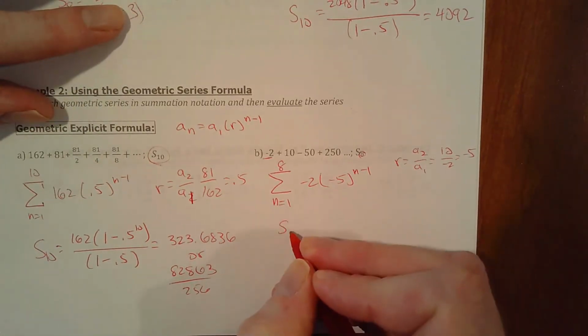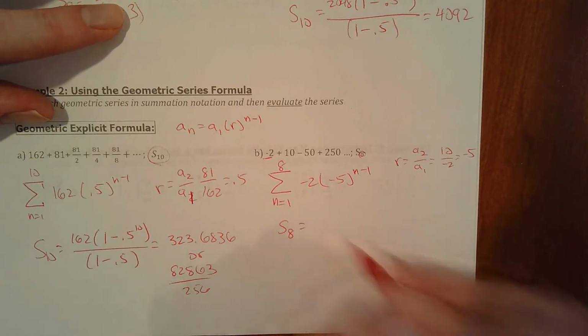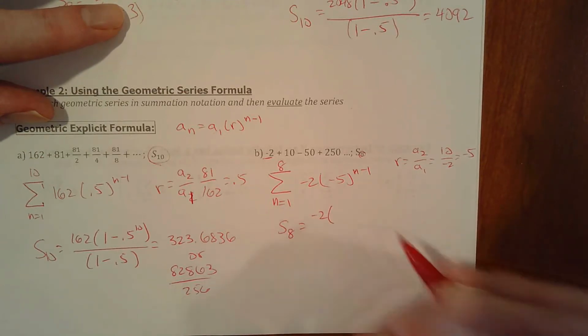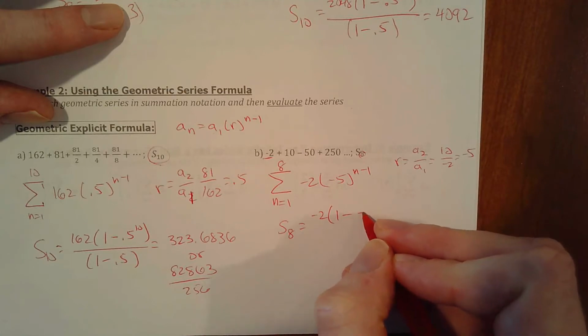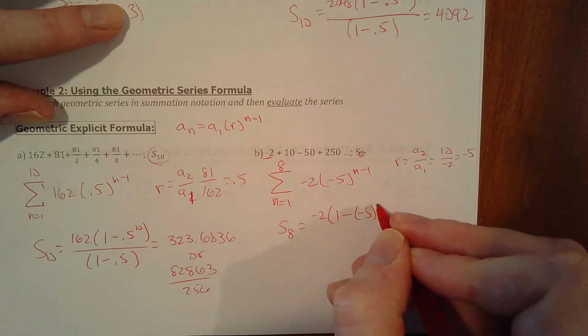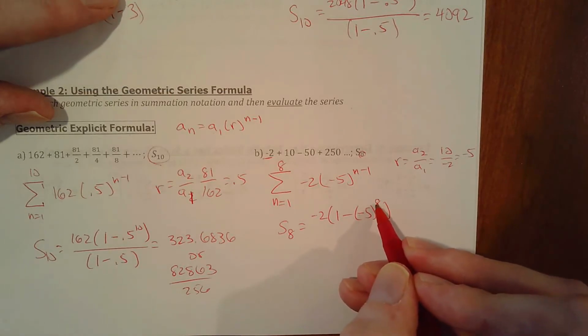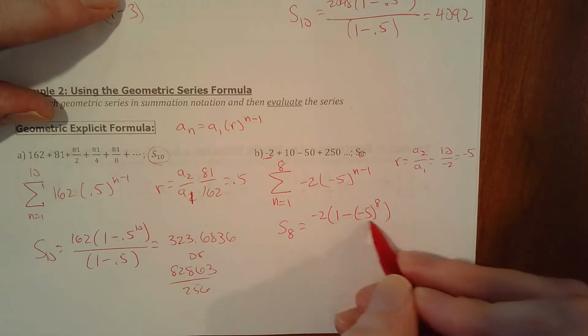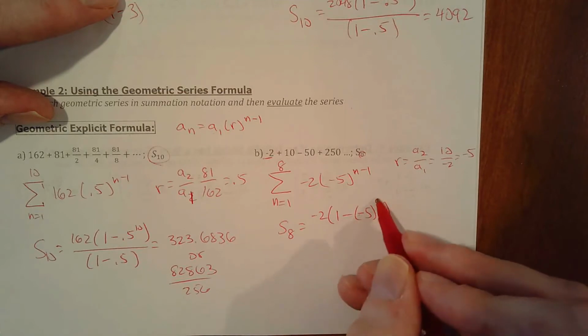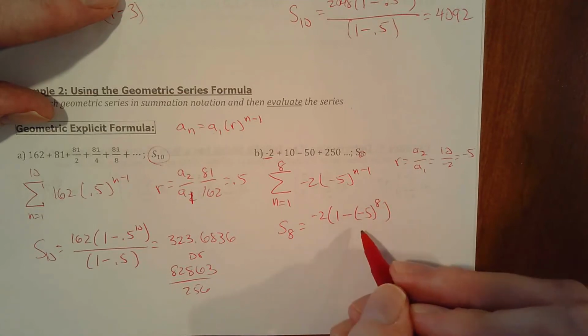So the sum of the first 8 would be a sub 1 times 1 minus -5, but I got to take that to the 8th power first. A negative to the 8th power is actually going to be a positive, so it's going to be 1 minus whatever this number is. If it's an odd power, some people mess up, they switch the signs right now. Don't do that.